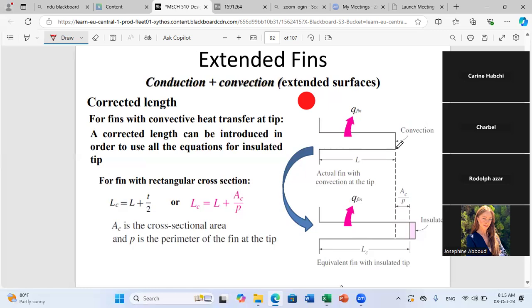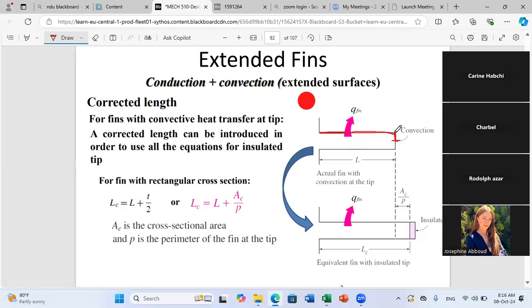But I want to have a simplified solution for my problem. Consider the following case. You have a rectangular fin of length L, and you have convection from this side and also at the tip of the fin, at the end of your fin.